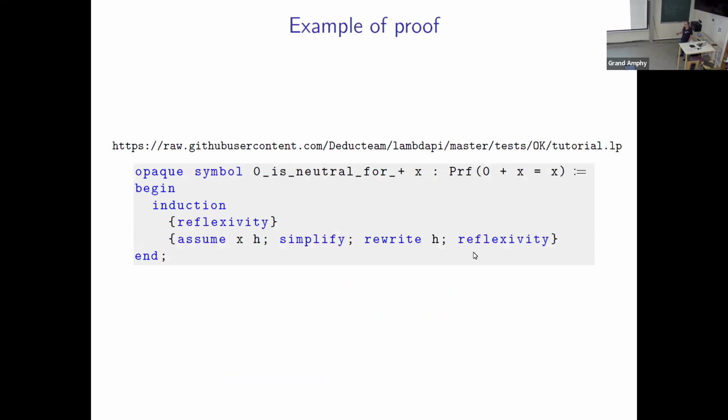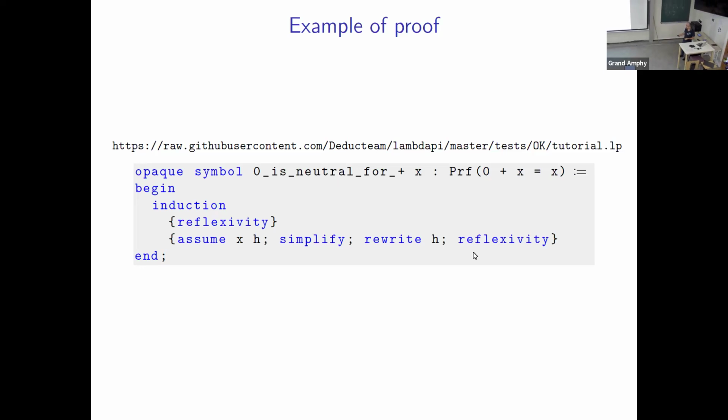So then you can write in lambda pi things like this. For instance, to prove that 0 plus x is equal to x, with a definition by rewriting addition, you can say, okay, you apply induction, and then in the first case, when x is equal to 0, I just apply reflexivity. So 0 plus 0 is going to compute to 0, and is syntactically equal to 0.